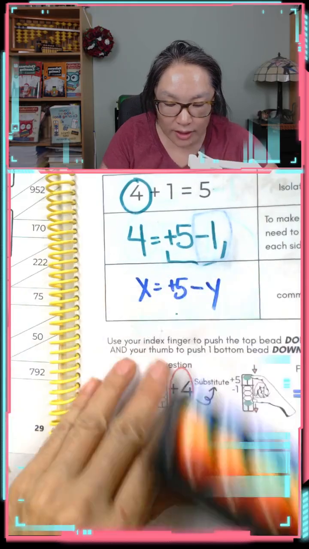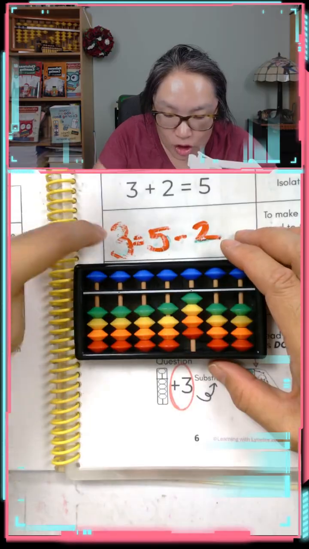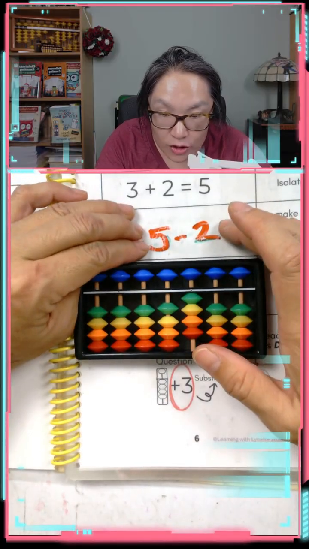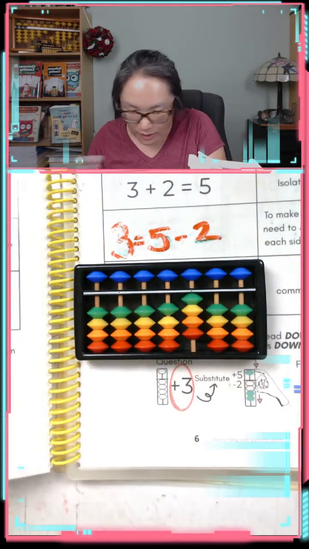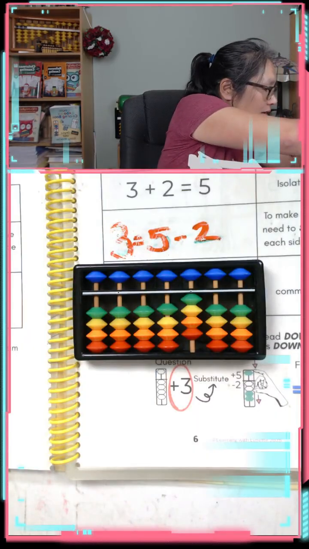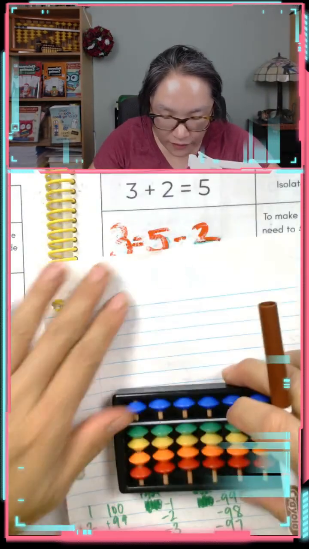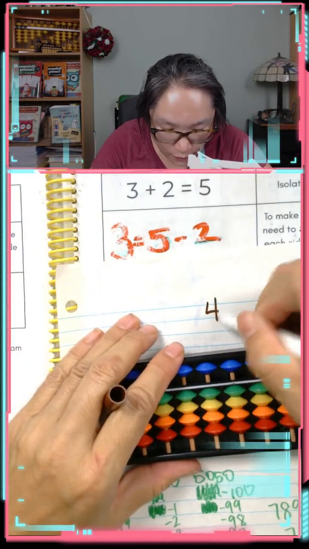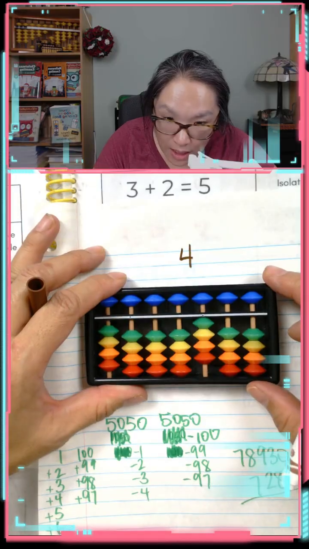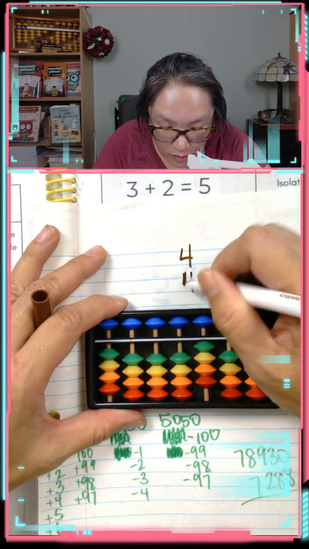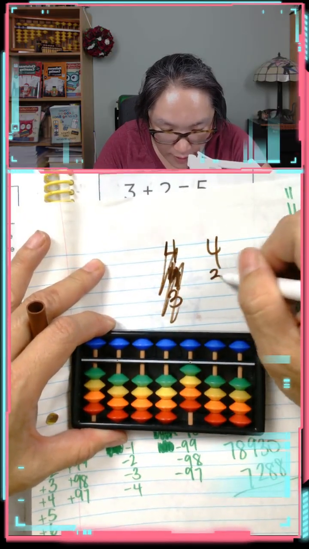So when we're looking, we could do it again. If I have 4 on the abacus, I want to add 3. To add the 3, all I got to do is balance the equation. That's it. So what do I do? It would look like this. So if I have 4 on the abacus, I want to add 3.